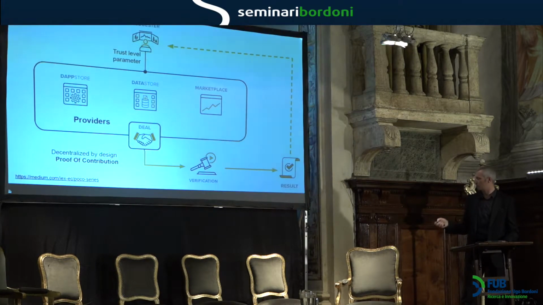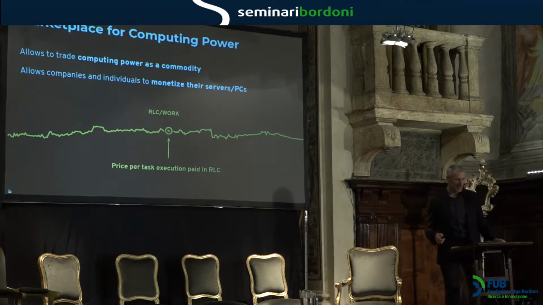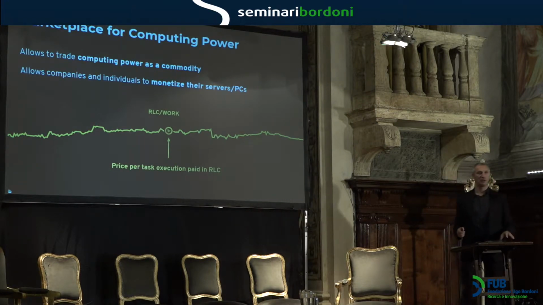So there is some sort of verification, and at the end you get the result, and of course payment happens on chain after everything is detected to be okay. This allows for a new economic model with respect to the way cloud computing is used.